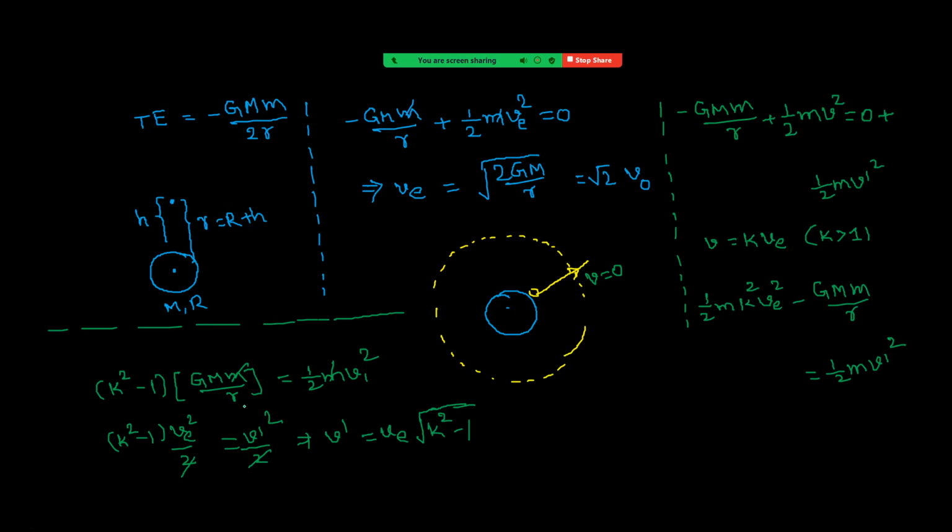So G m by r minus 1 equals half m v dash square. So k square minus 1 into v square by 2, 2 gets cancelled. So v dash equals v e into root of k square minus 1. So this is the velocity with which it moves after crossing that boundary.